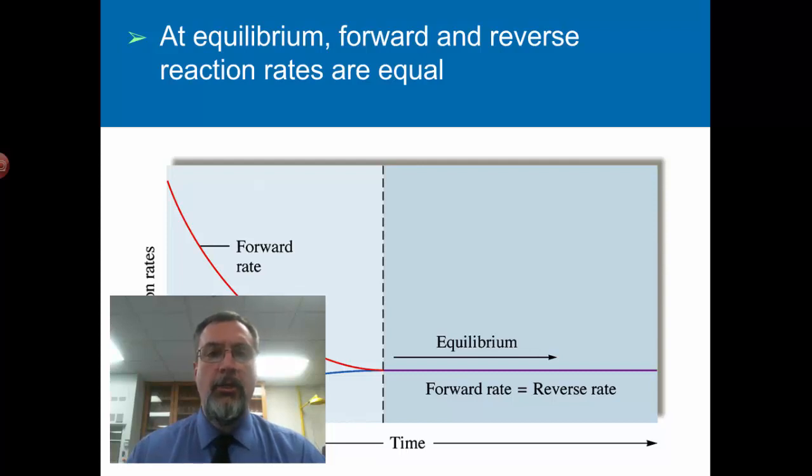The reverse reaction doesn't actually start to happen until you actually have some products that can turn back into reactants. And so you start at a very low rate, but as you start to form products, the reaction rate for the reverse reaction starts to pick up. And eventually you reach a point in time at which both rates are exactly the same. That's what equilibrium truly is. The forward rate of reaction is equal to the reverse rate of reaction. Okay?